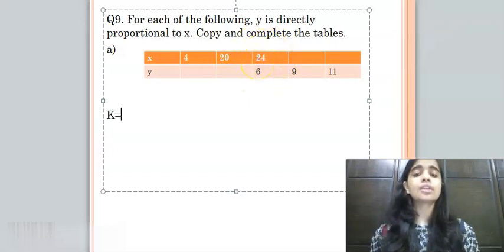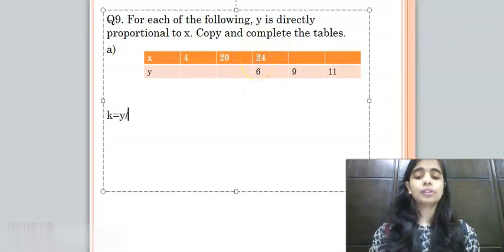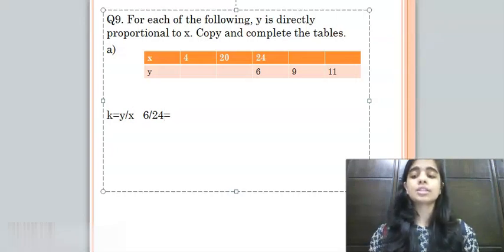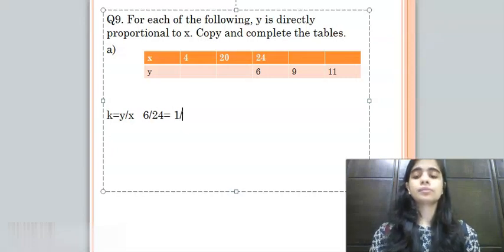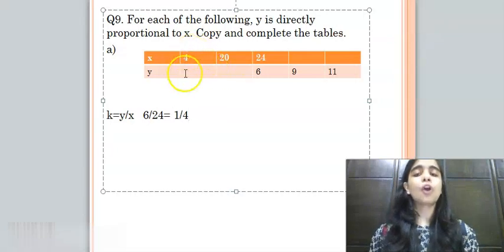So k is equal to y over x. Okay, and y value is 6 and x is 24. So 6 divided by 24 will give us the k value, which means our k value is 1 upon 4. Okay, this is our k value, and then we can use it for all of them.